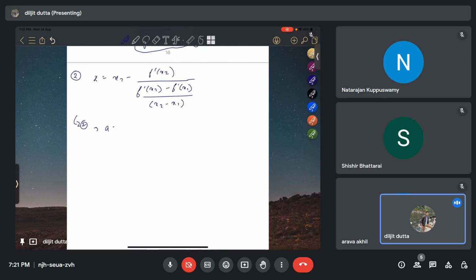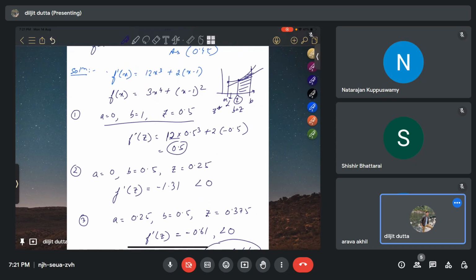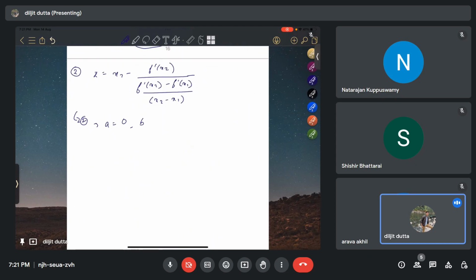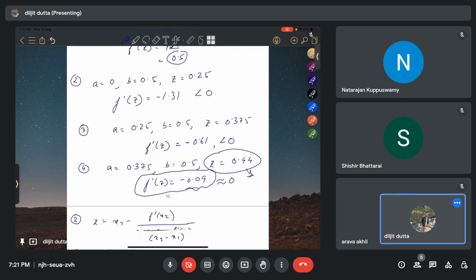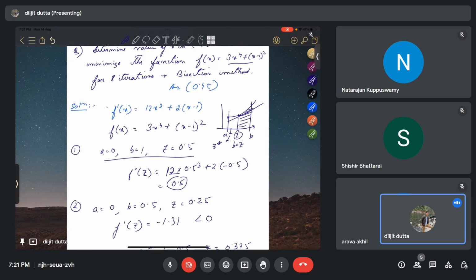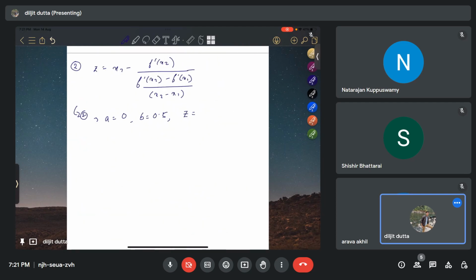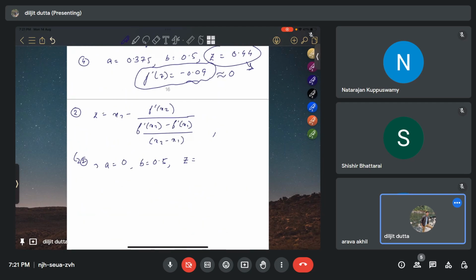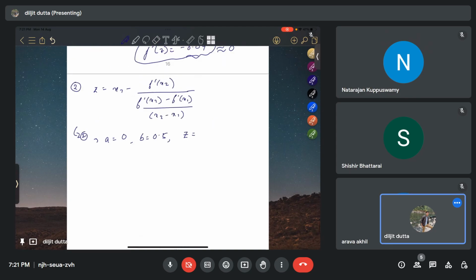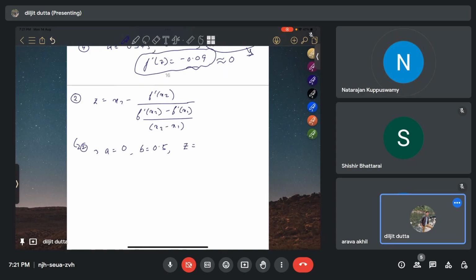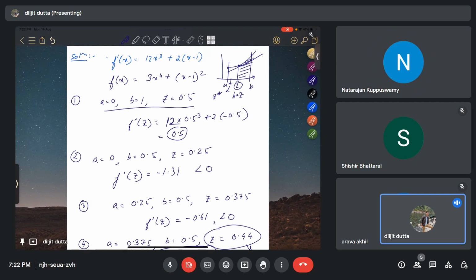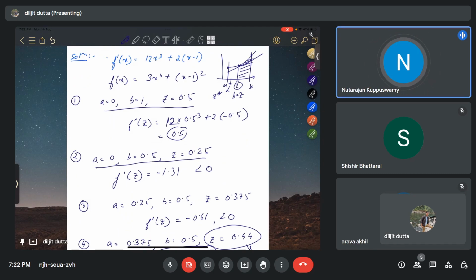So here a is equal to 0, b is equal to 0.5 and z is equal to, okay. So we have to do the function evaluations at f dash of x. We are taking from the second iteration, not the first iteration.